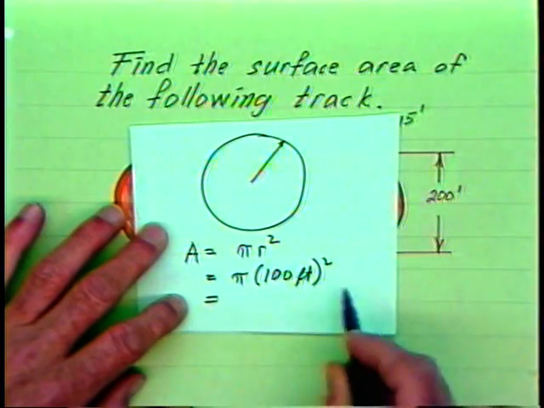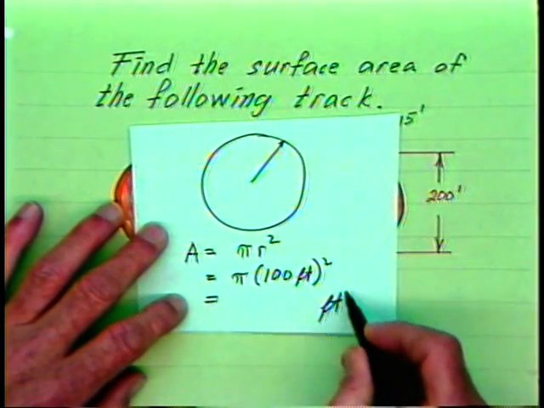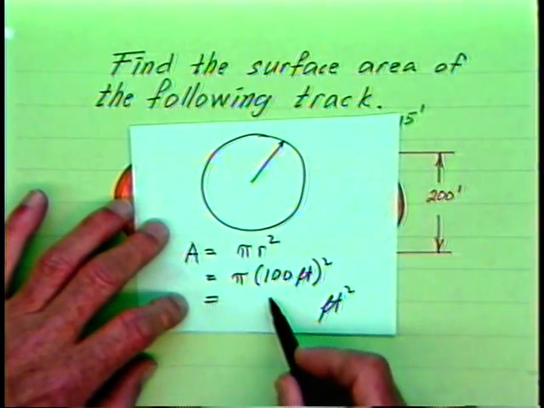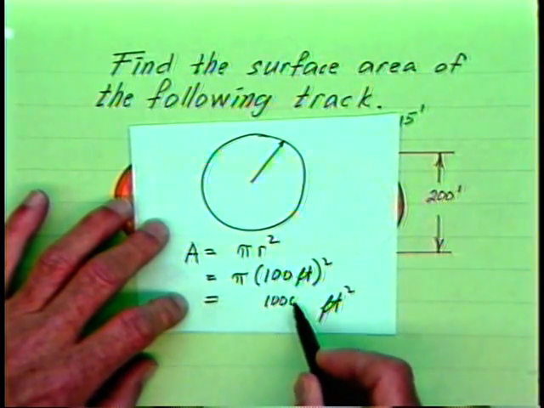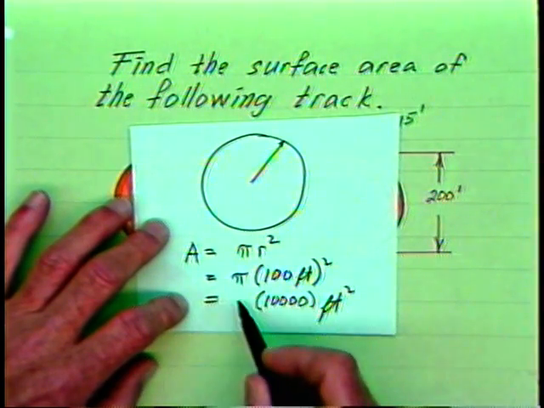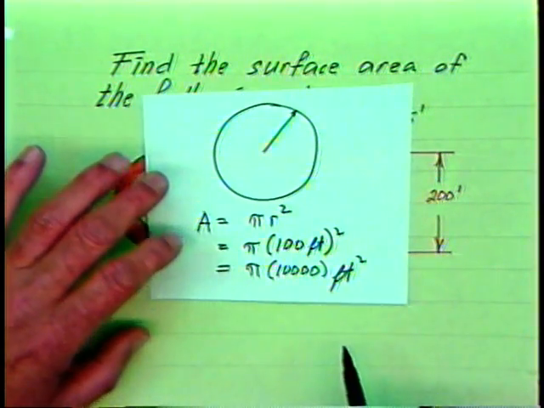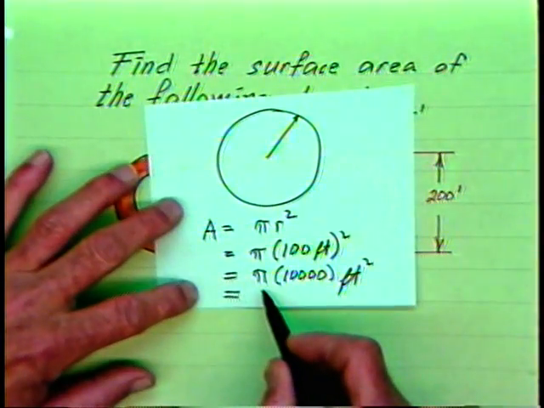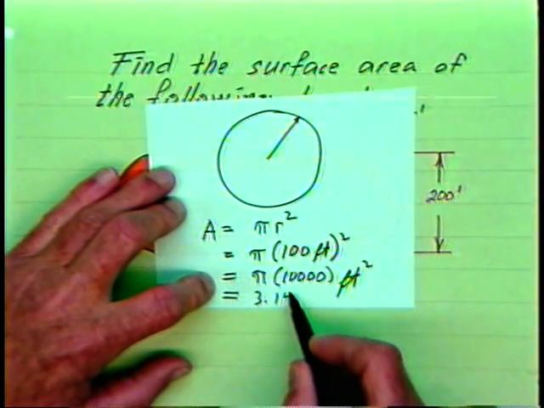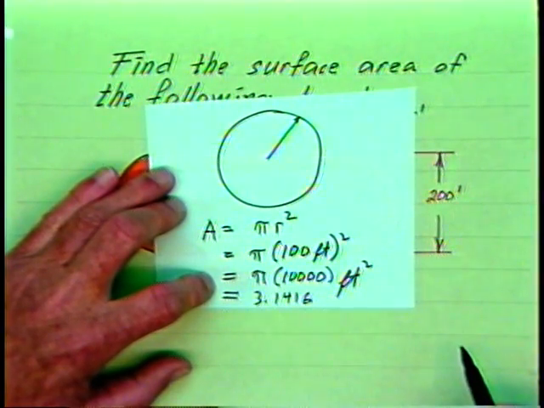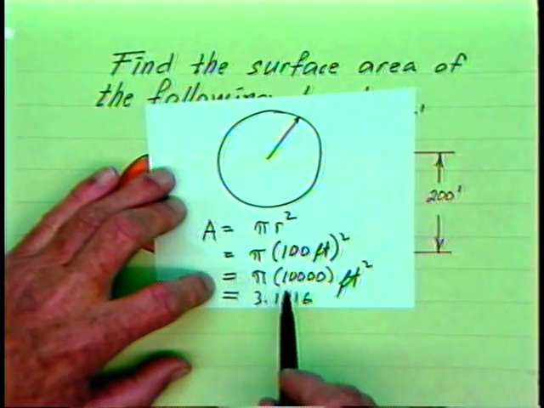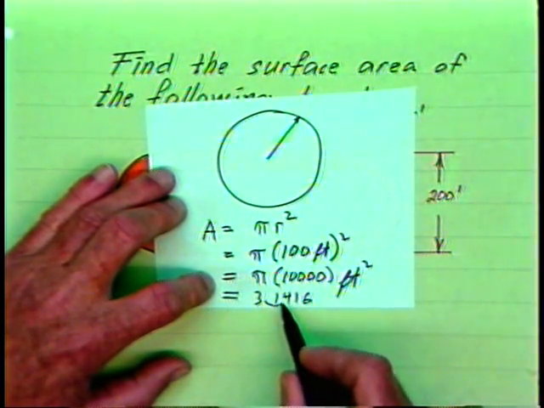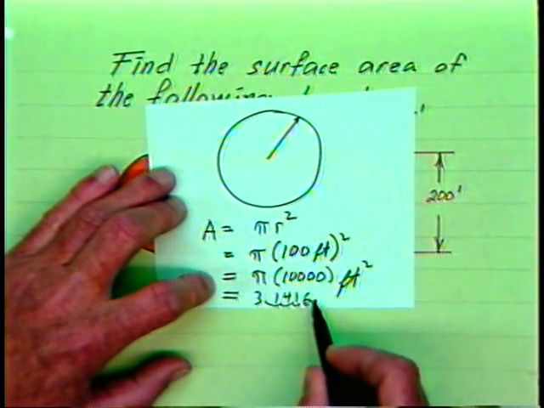squared. And of course squaring the feet gives me feet squared, and 100 is easy enough to square mentally, isn't it? There's 100 times another 100 times pi, and if we have memorized our pi, 3.1416, let's say, to that much accuracy, and we want to multiply by 10,000, there is 10,000.